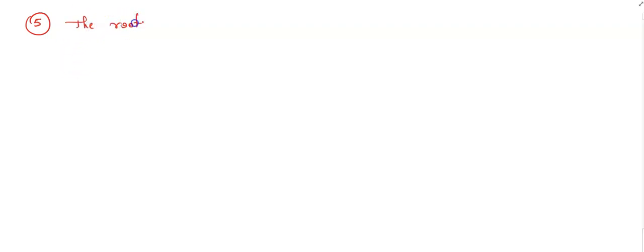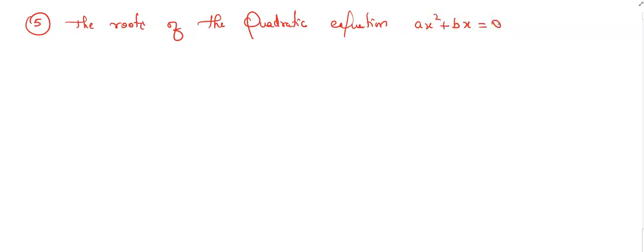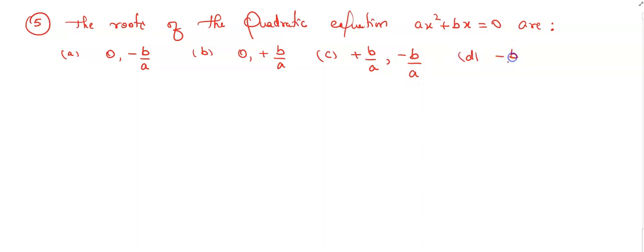The roots of the quadratic equation ax square plus bx is equals to 0 are: option A, 0 comma minus b by a; option B, 0 comma plus b by a; option C, plus b by a comma minus b by a; option D, minus b by a comma minus b by a.